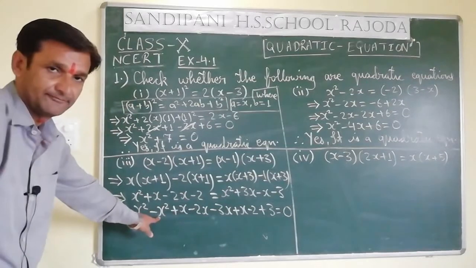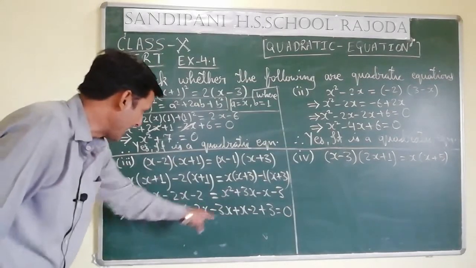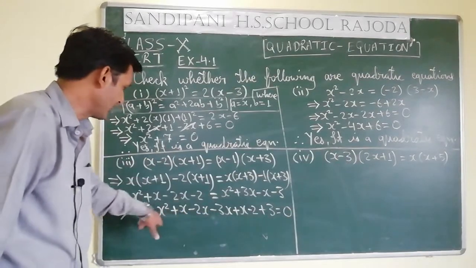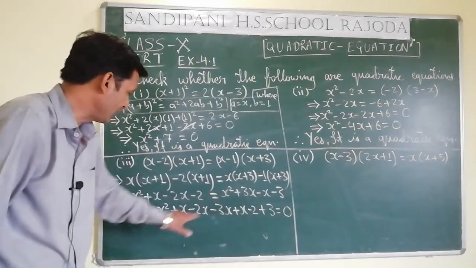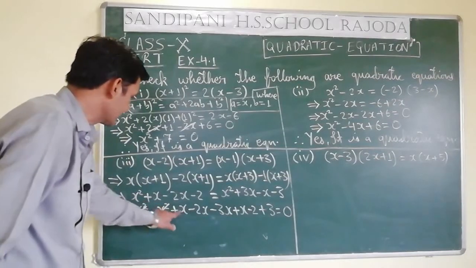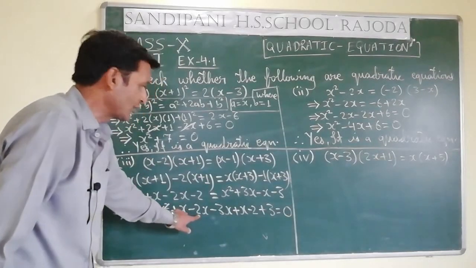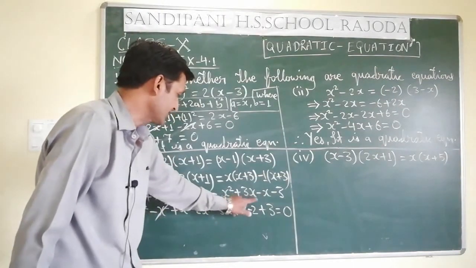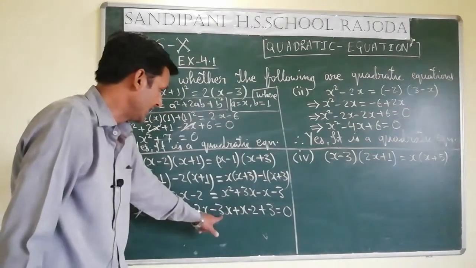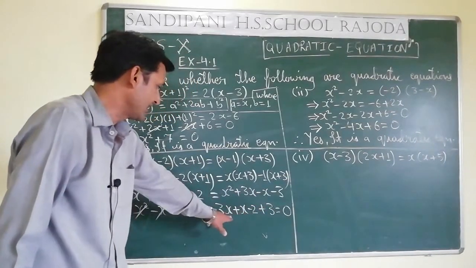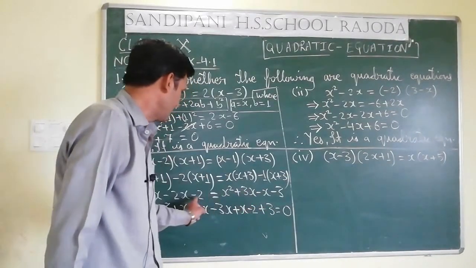So, x square minus x square: since it is shifted from RHS to LHS, the positive sign will become negative, so x square is cancelled. Here it is plus x minus 2x, meaning we write the x coefficient terms. This 3x is transposed from RHS to LHS, so it is negative 3x, and this minus x shifted from RHS to LHS will become positive x, and minus 2 is here only in LHS.